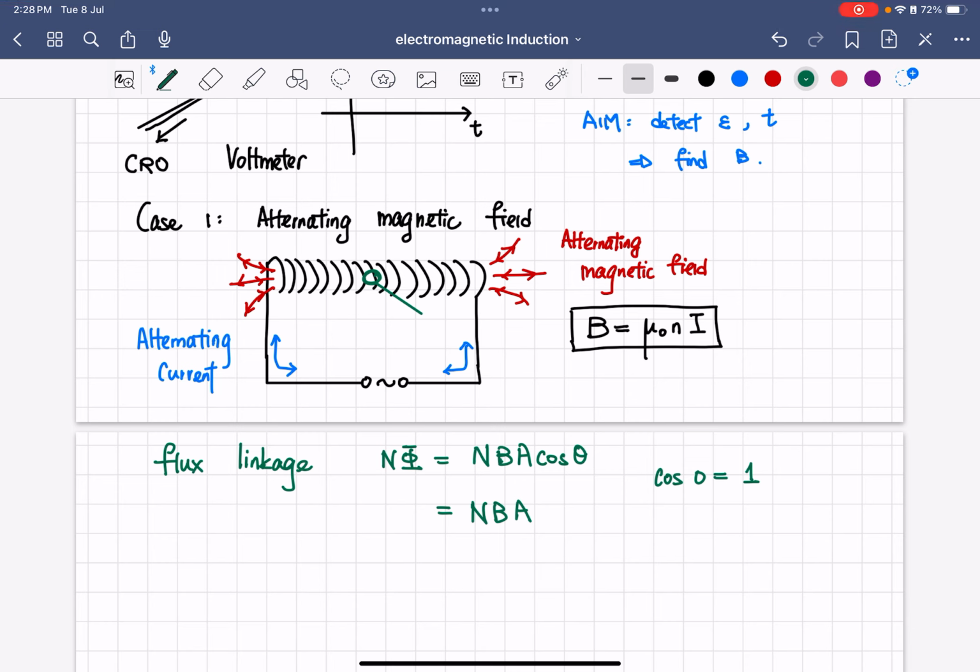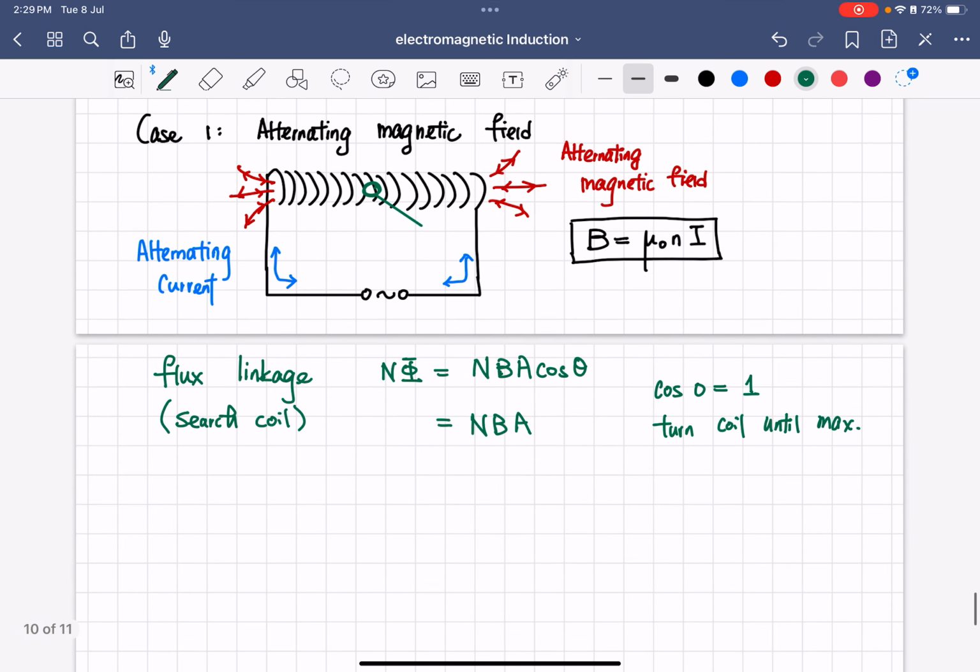Practically, what you do is you try to turn the search coil until you get the maximum value, so that you are sure you have the biggest value of cosine theta. Then B is given by mu naught n I, and the flux linkage is that times NA.